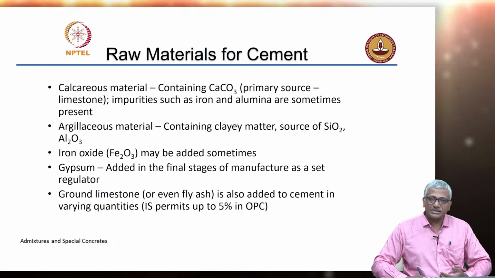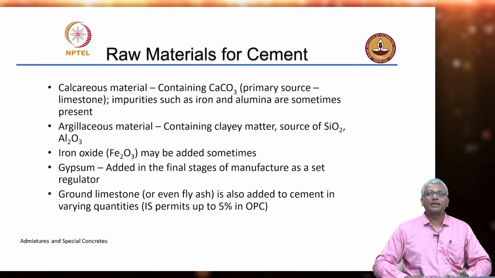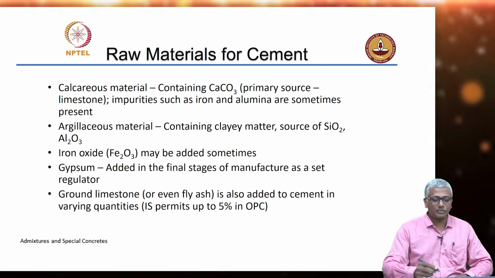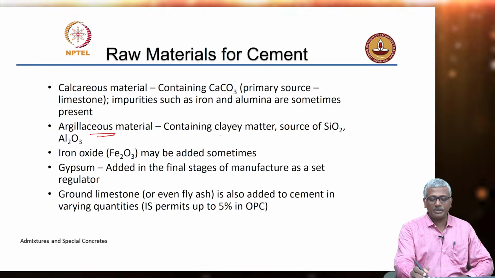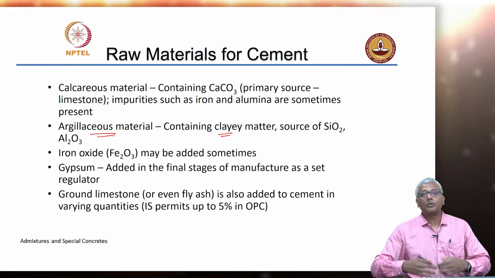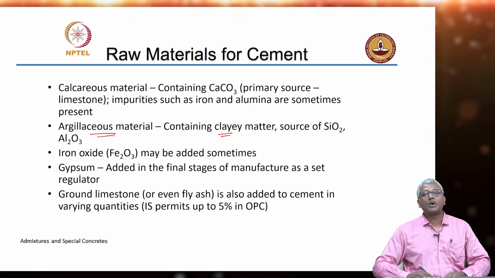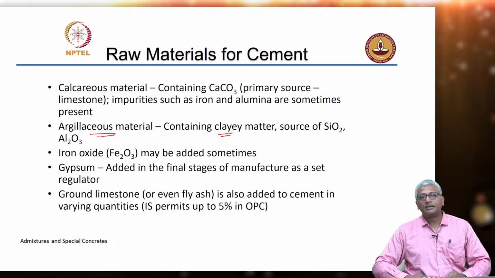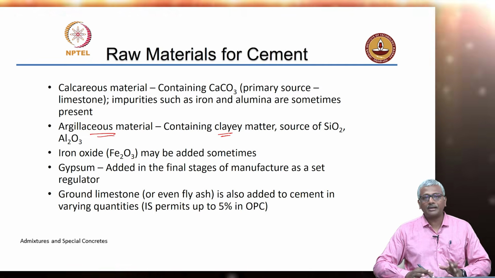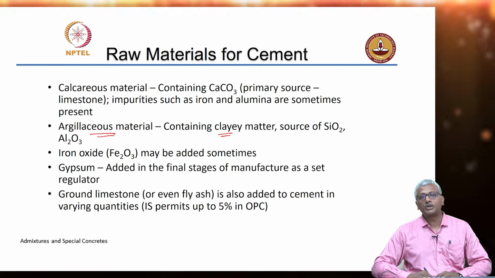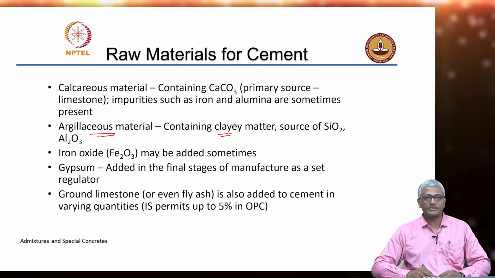You then obviously have the need for silica, alumina and iron oxide, which comes essentially from your argillaceous or clayey material, which can provide silica and alumina and some traces of iron, but sometimes you may have to add additional iron oxides to maintain the kind of composition that you want to produce the regular ordinary Portland cement.